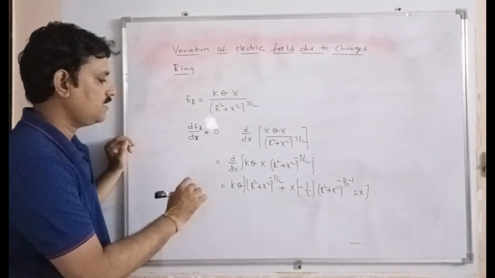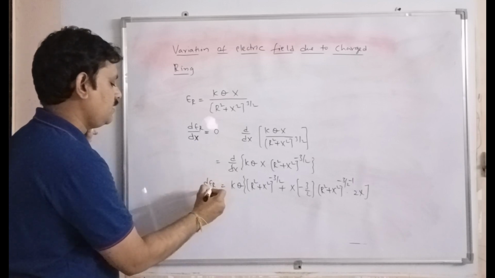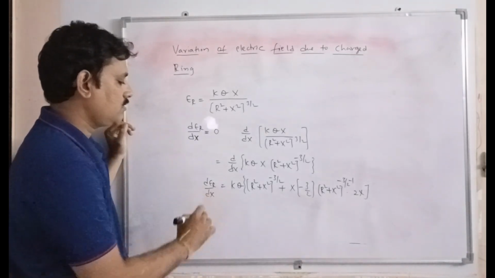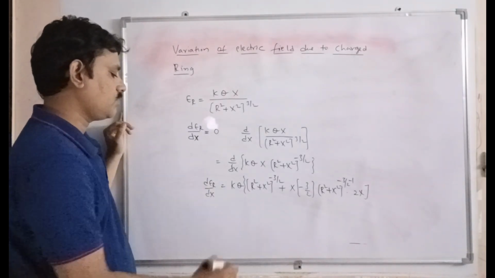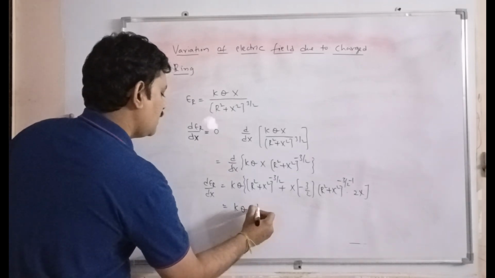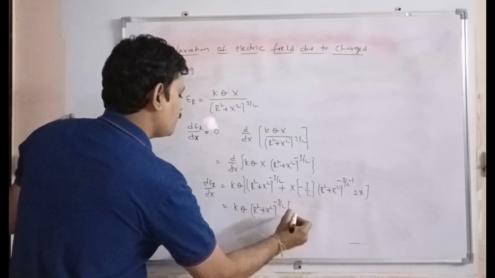This is dE by dx, which is equal to 0. Take it common, r square plus x square whole power minus 3 by 2.